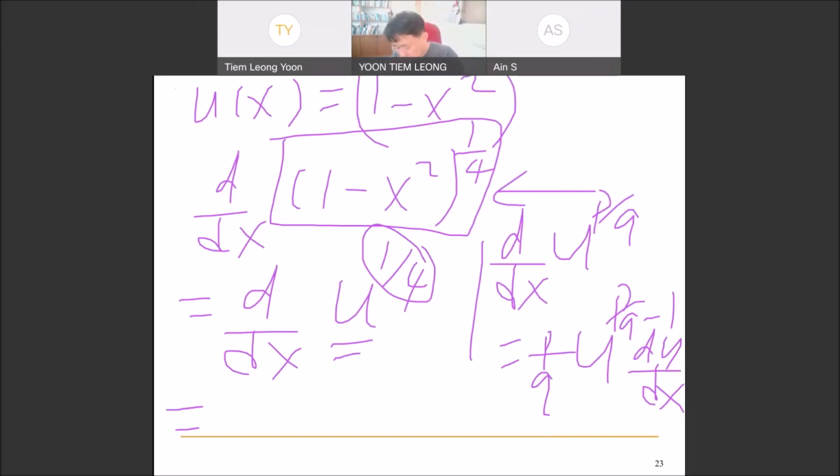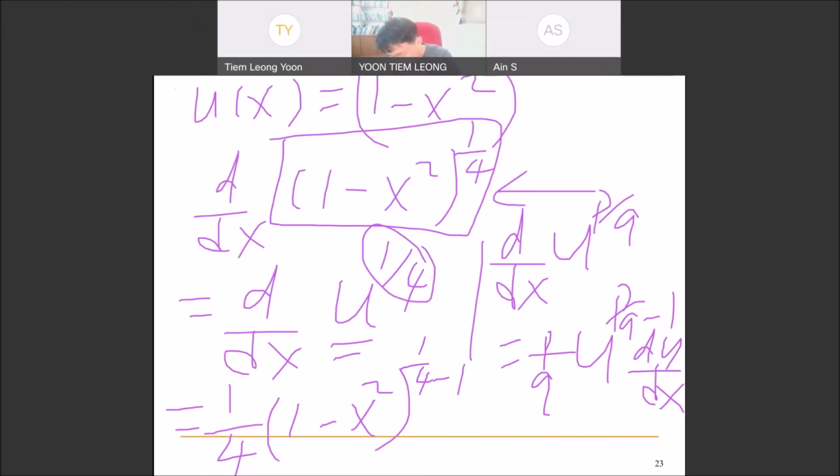So that is just equal to p over q. Here your p is 1, q is 4. Then what is your u? Your u is just 1 minus x squared, and then you raise it to the power of p over q, which is 1/4 minus 1. Right? So this is just this part.